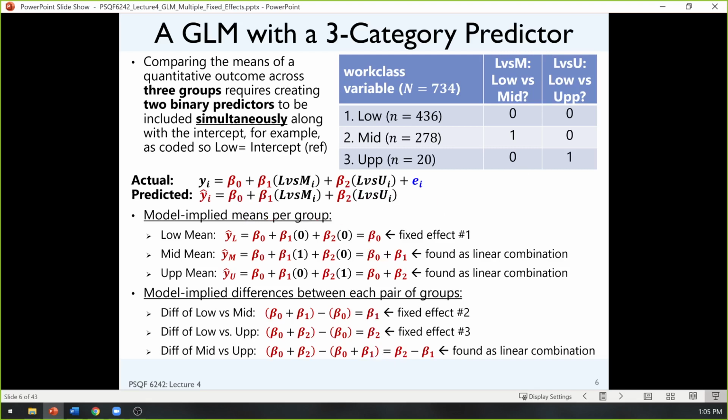Because there's 3 groups, I might want to know what the outcome mean is for each of my 3 groups, and I might want to know pairwise which groups differ from each other. And there's 3 possible differences among my 3 groups. 3 of these are going to be given directly as model parameters, and the other 3 are given as linear combinations of the model parameters.